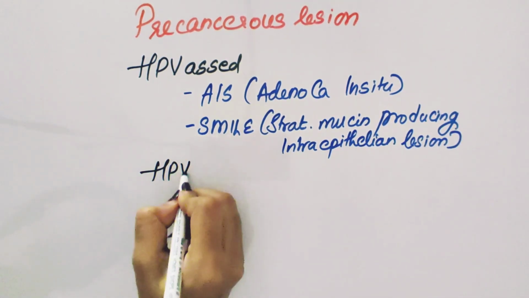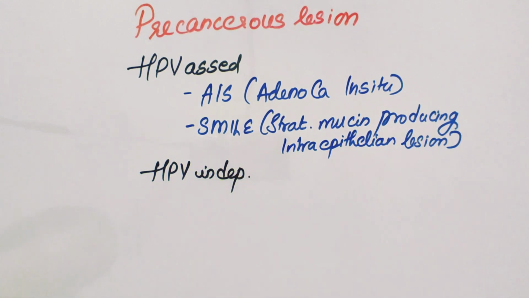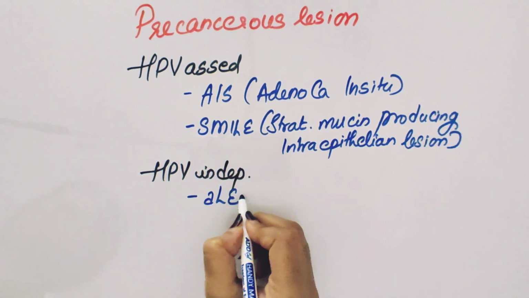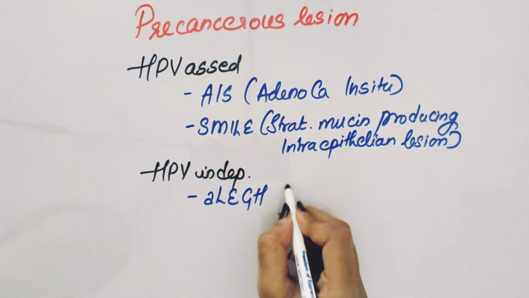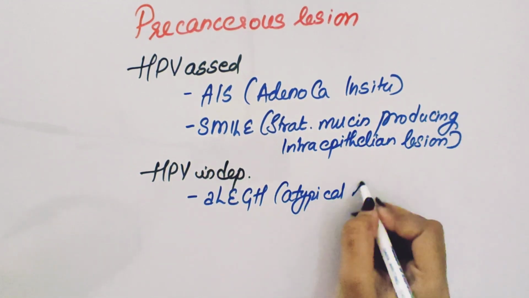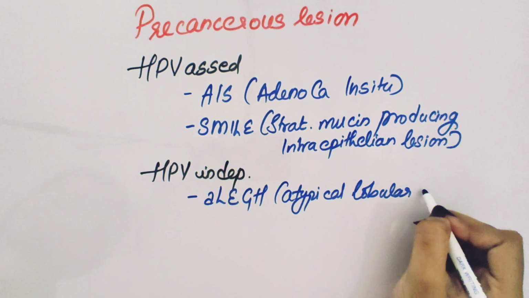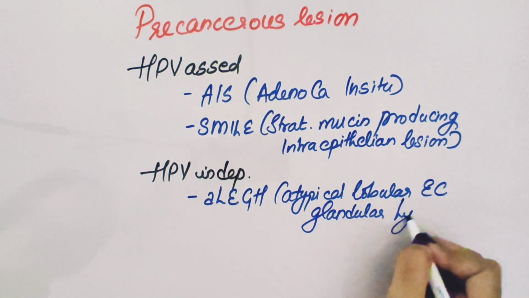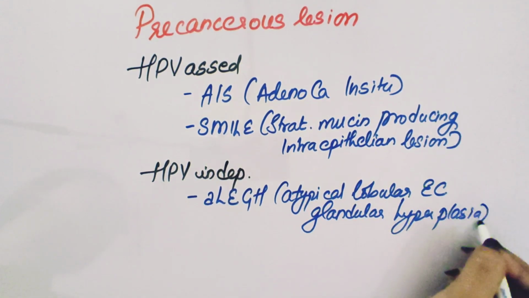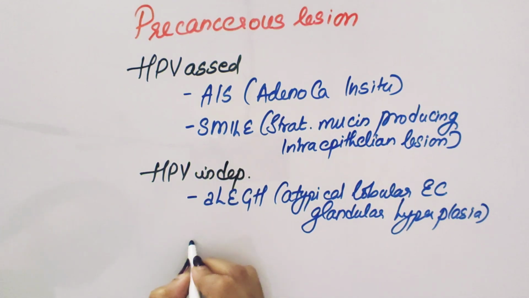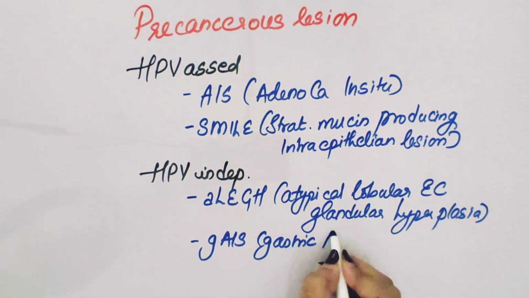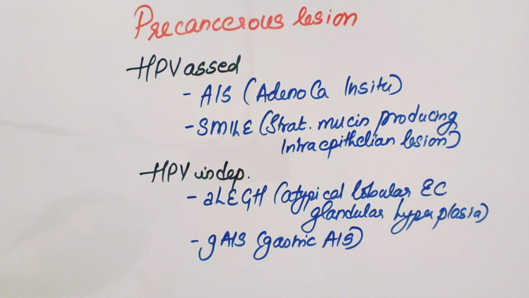And in HPV independent, again we have two types, that is atypical lobular endocervical glandular hyperplasia, and GAIS, that is gastric type of adenocarcinoma in situ, because we said the gastric type of adenocarcinoma is coming under HPV independent.